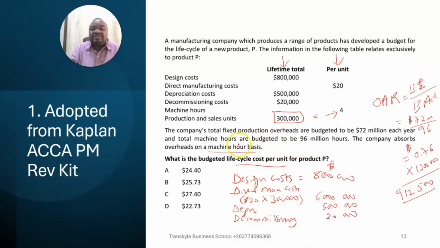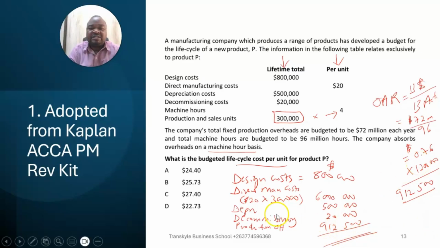Then machine hours are related to the overhead absorption rate, so they have to be included as production overheads. And we did the computation and determined that it was 912,500.